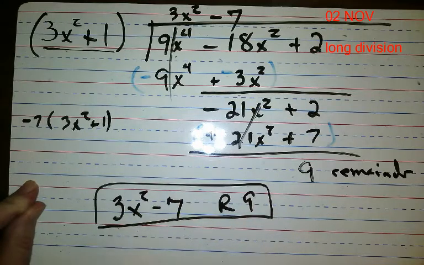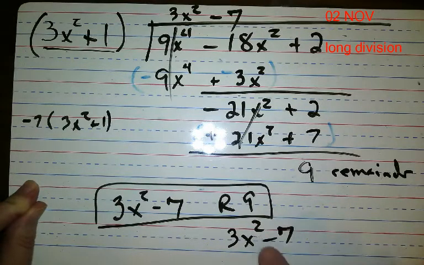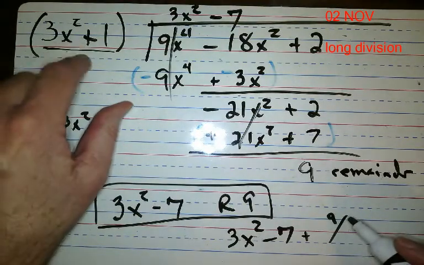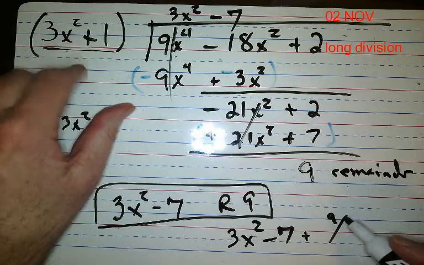That's the answer. Now, sometimes in the book, they'll write it with a fraction as an answer. So watch this. 3x squared minus 7. See, that's the answer. And then plus 9 over the thing you were dividing by.